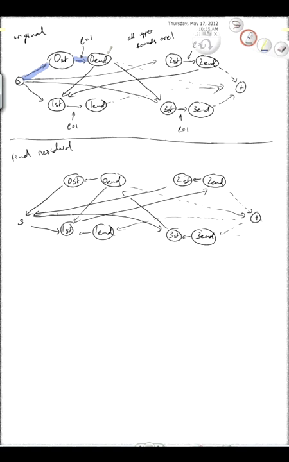Then at 0 end, let's see where the ship goes. Well, this arc is pointing the same way in both graphs, so that means it must not have flow on it. This arc is pointing in opposite directions in the two graphs, so that means that must be where the ship went. And this third option is pointing in the same direction in both graphs, so no flow on it. Okay, so the ship completed delivery 0, and then now it moved to delivery 3.